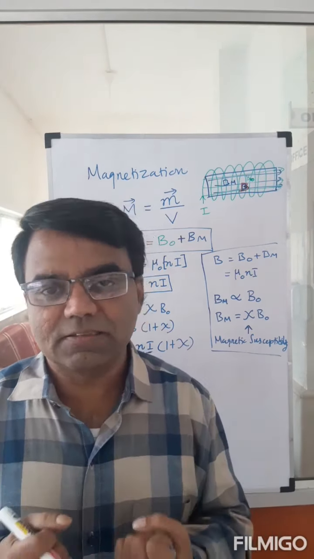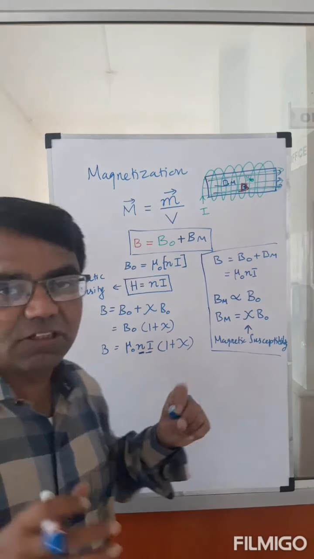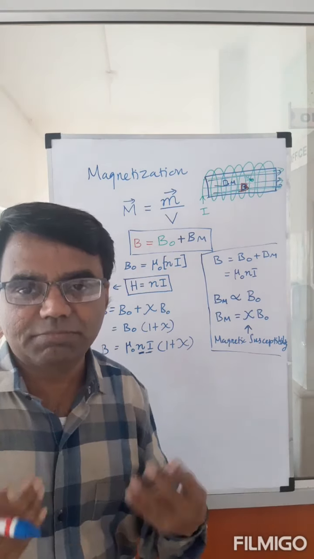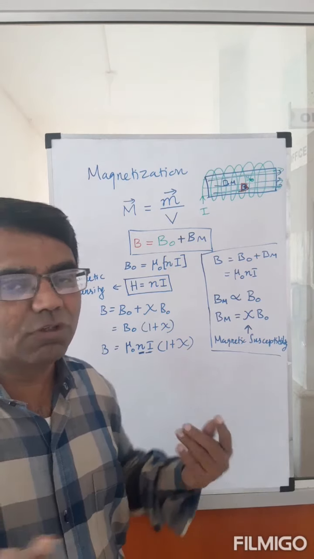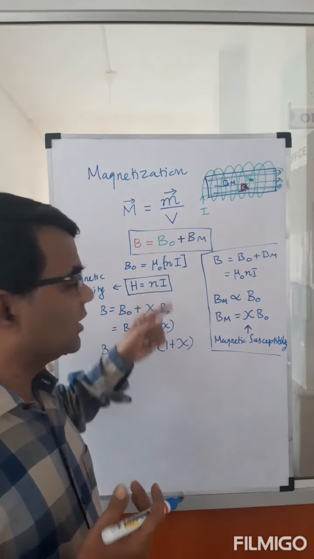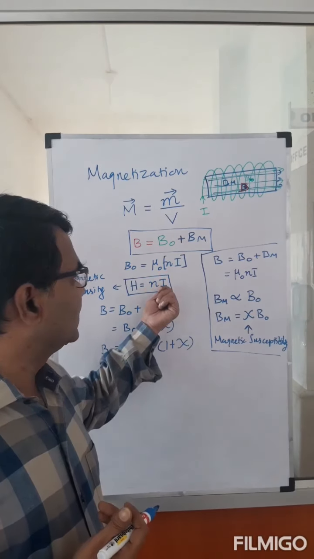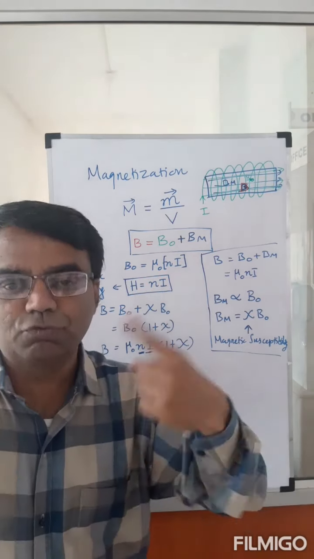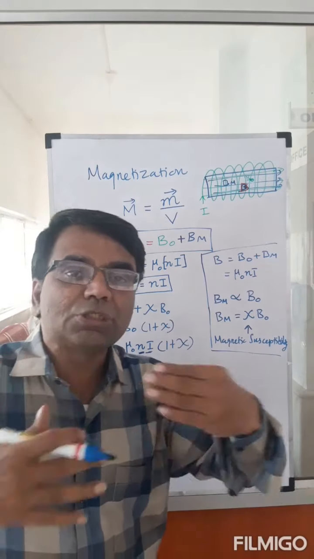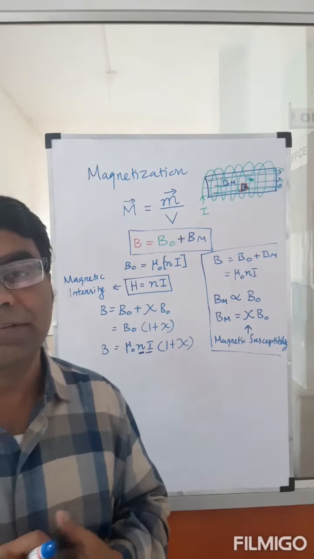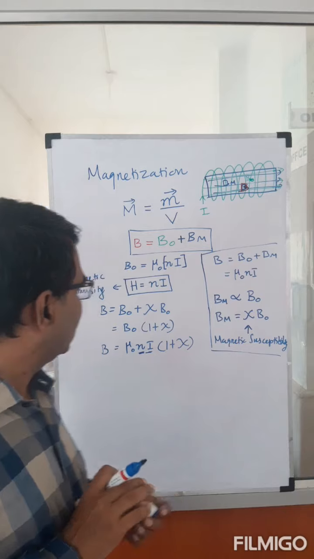That is in your hands, and the rest of the things are not in your hands. Given a particular material, you have no control over it. But you can control the number of turns that you are going to have for the coil, and you can also control the amount of current you are going to flow through that coil. So you can control the magnetization this way. Okay?